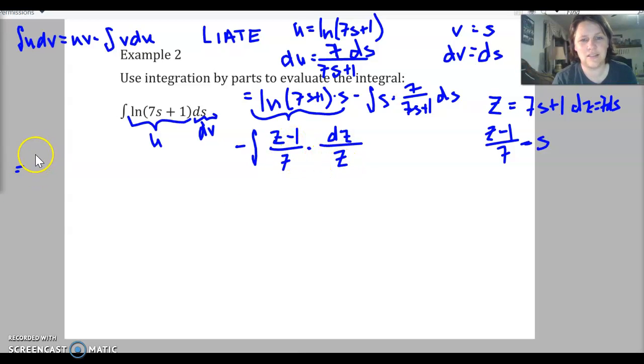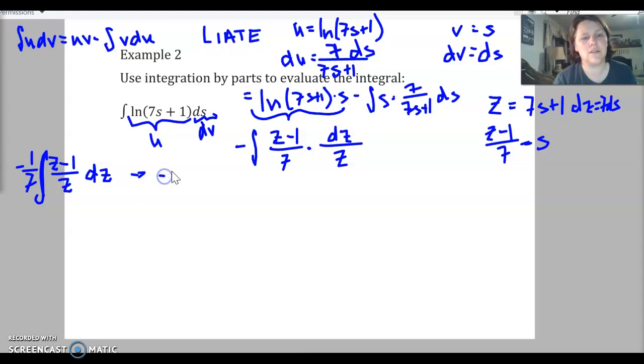So now we've got minus, let's pull the 1/7 out, minus 1/7 times the integral of z minus 1 over z dz.